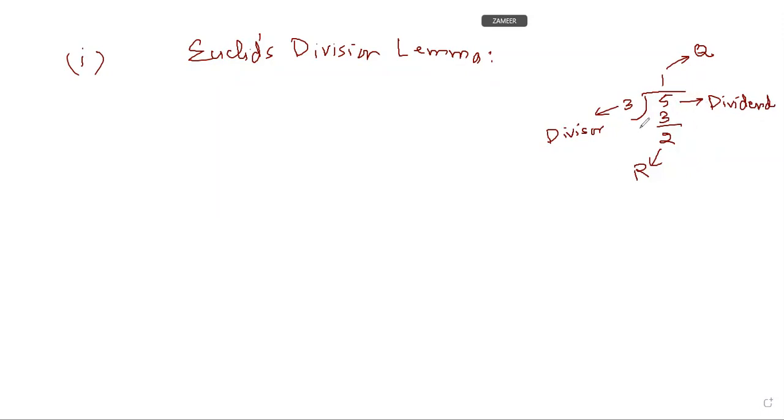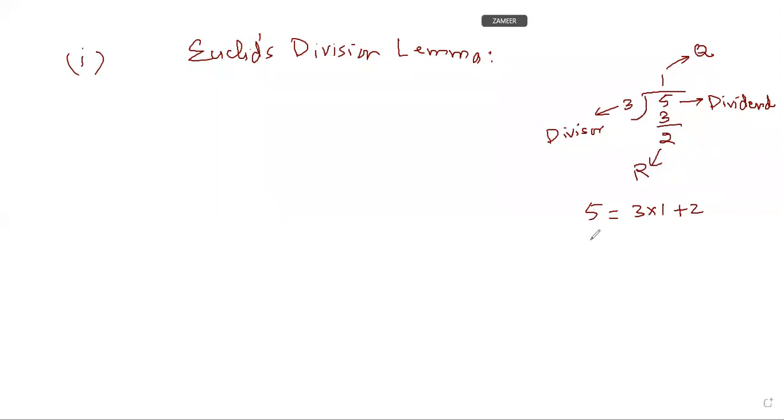We can write 5 as 3 into 1 plus 2. Dividend is equal to divisor into quotient plus remainder.